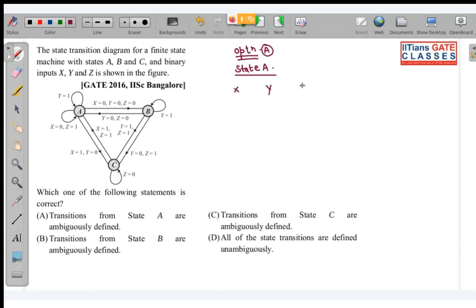Basically, the combinations of X, Y, Z I will be having, and these will be your next state. X, Y, Z from 0, 0, 0 till 7 we will have.